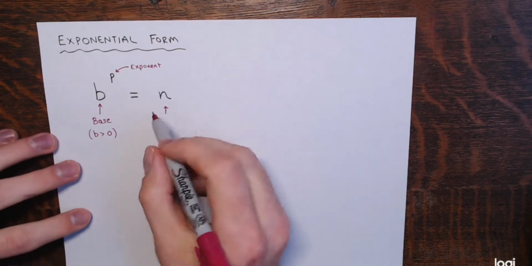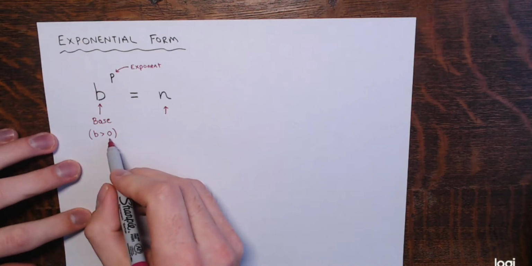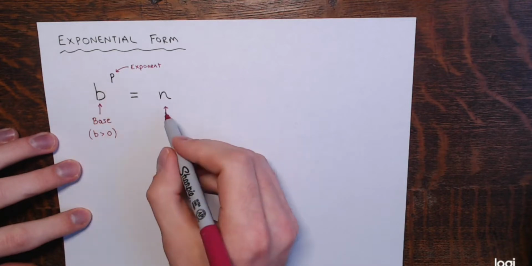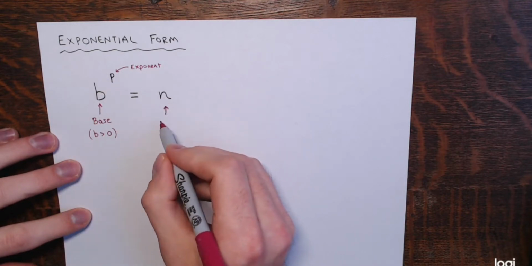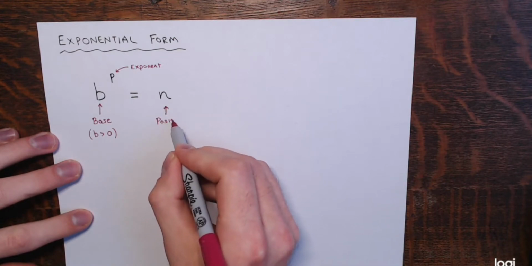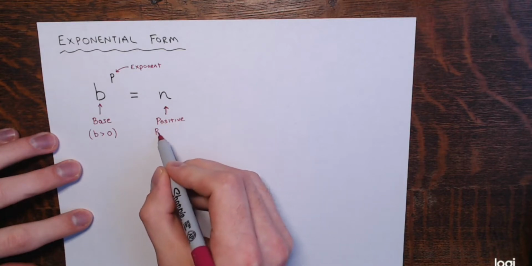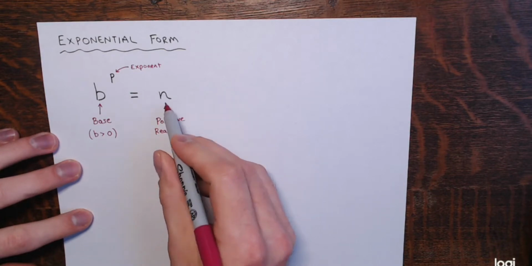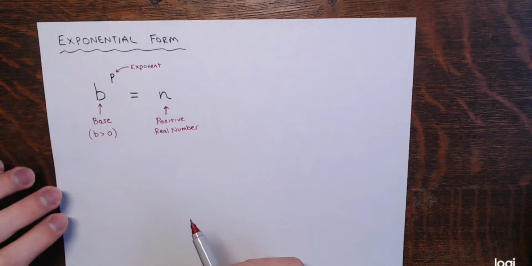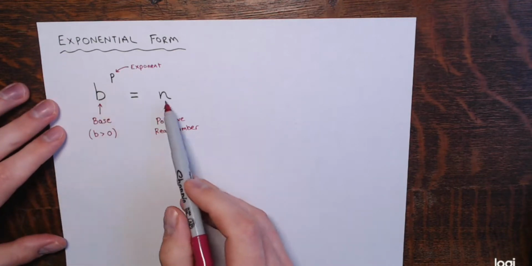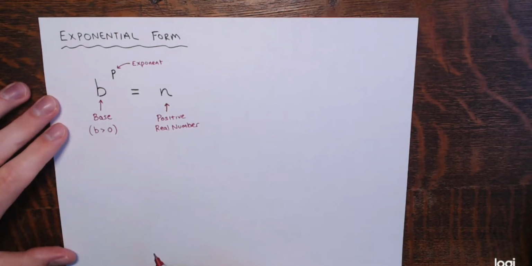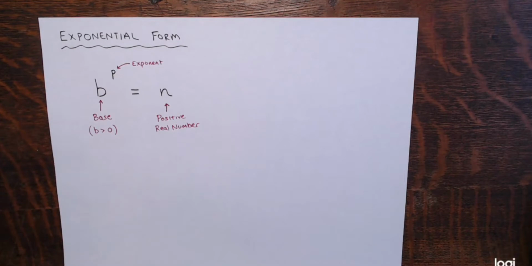If the base is positive, you take any positive number and raise it to any real number exponent, the resulting number, this n over here, is going to be a positive real number. It's got to be positive, because you can't take a positive number to any power and get a negative number. That will never happen, because exponential functions have a range that's all positive numbers, everything above 0.